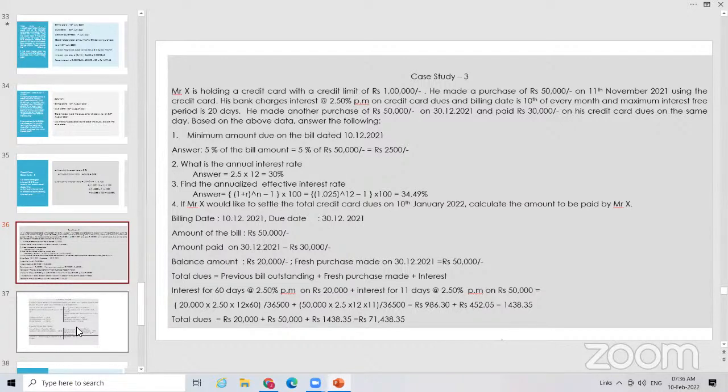So interest will run from the first day of purchase onwards. So it is 986.30 for the 20,000 and 452.05 is the interest for the 50,000. Put together, 1,438.35. So the total dues is 20 plus 50 plus 1,438.35, that is 71,438.35. Clear?